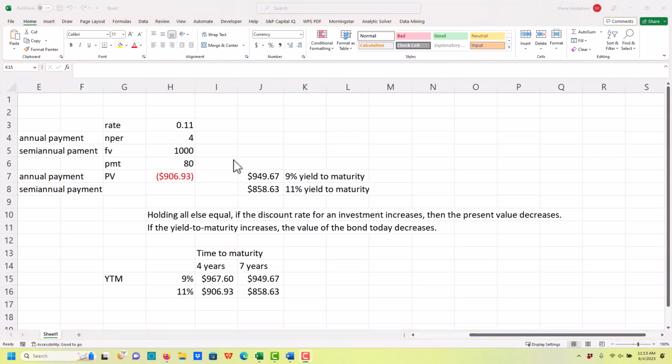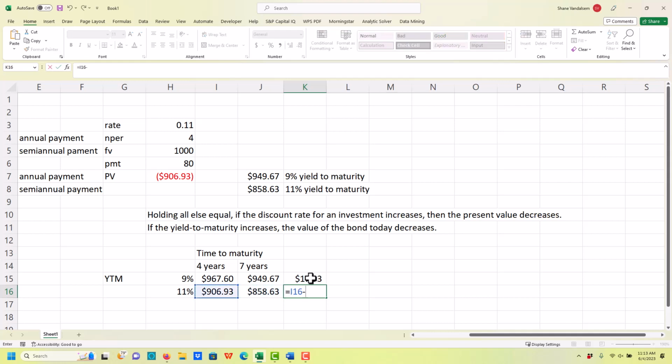When we go from 7 years to maturity to 4 years to maturity, for a discount bond, the value is going to increase because, again, as we get closer to the maturity date, the value of that bond is going to increase to $1,000. So what's the difference here? If we have 9% yield to maturity, the difference here is 48.30. So at a higher yield to maturity, the change in the price is more as we go through time.